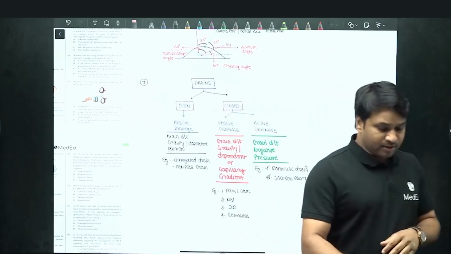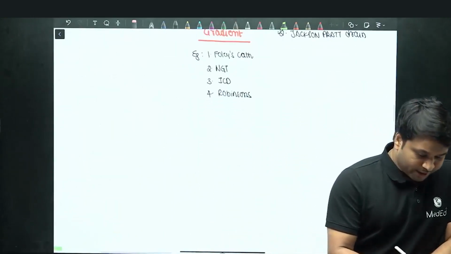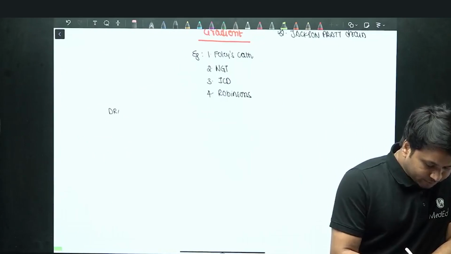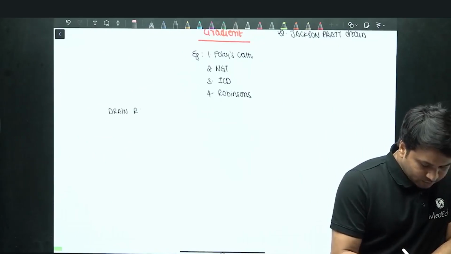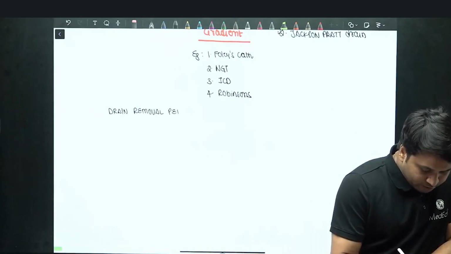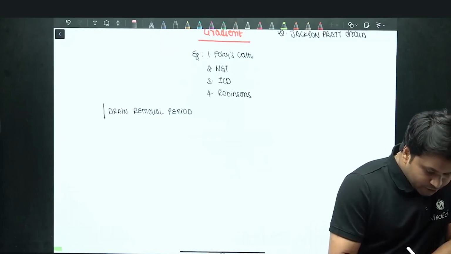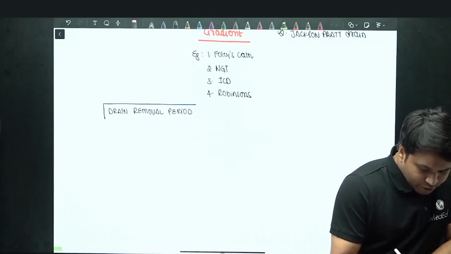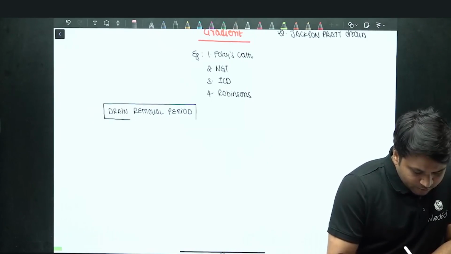Now, max to max, they'll ask you, trick you, is your drain removal period. Now remember, drains are purpose driven. Once the purpose of the drain which is put is finished, you will remove the drain as well.